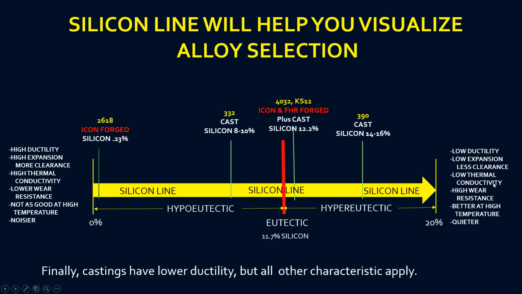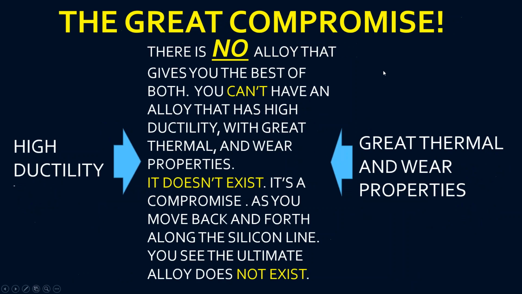It has low thermal conductivity, so it keeps the heat up. It has much higher wear resistance, and is quieter since it doesn't have the clearance, which could provide some piston slap. Now, I'm going through this pretty fast, but we can answer questions later.